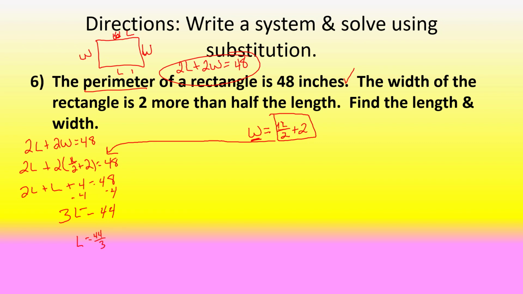Well, it's not a very friendly number, but it is an improper fraction and it is simplified, so I'm fine with that. Let's now find our width.